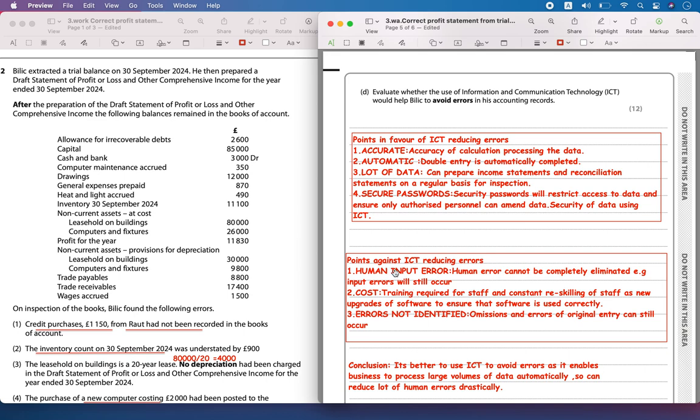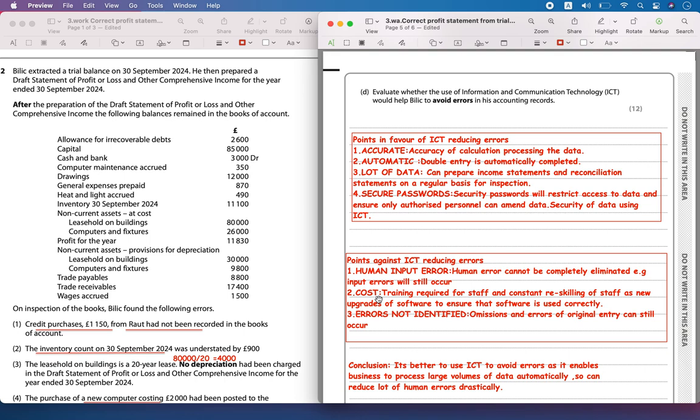However, there are some difficulties when using ICT. It could still lead to errors, like when a human inputs the data, it could lead to errors. If the data itself is wrong, it will go wrong.